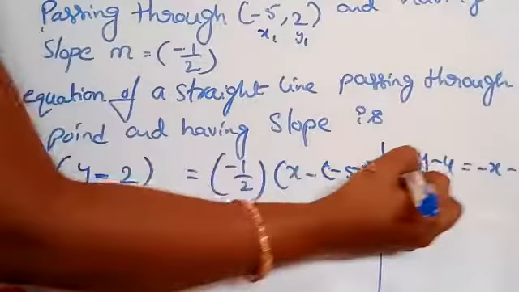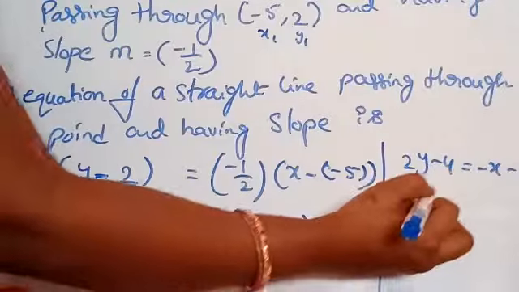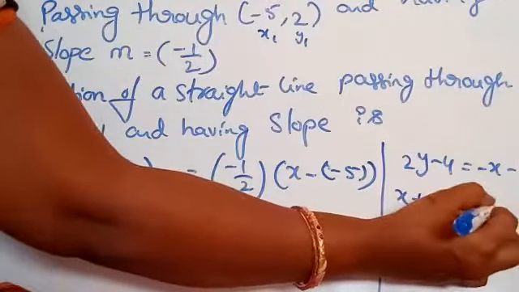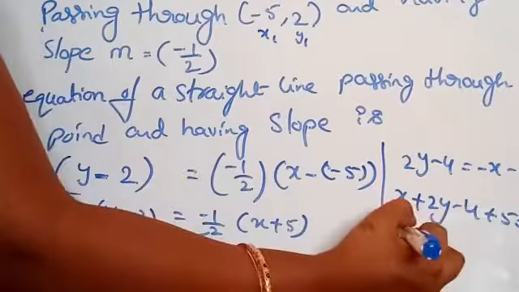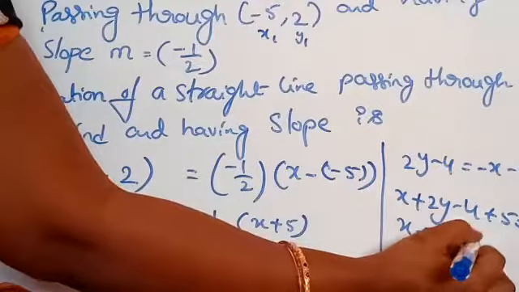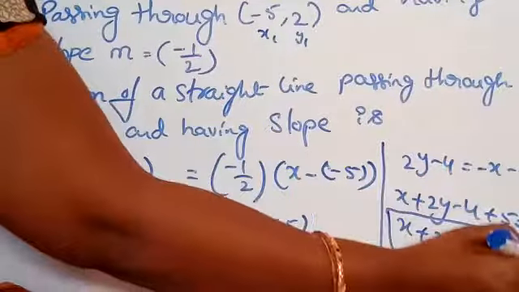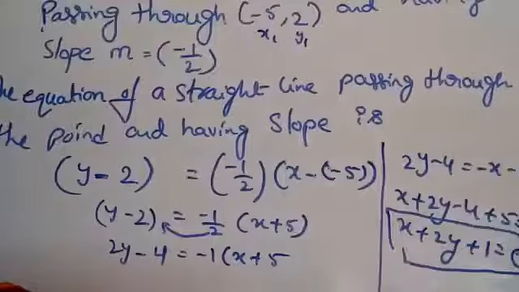Take this to this side, so minus x comes to this side as plus x, and we get x plus 2y minus 4 plus 5 is equal to 0, that is x plus 2y plus 1 is equal to 0. This is the equation of the straight line passing through the point and having slope m equal to minus 1 by 2. This is the problem for point slope form.